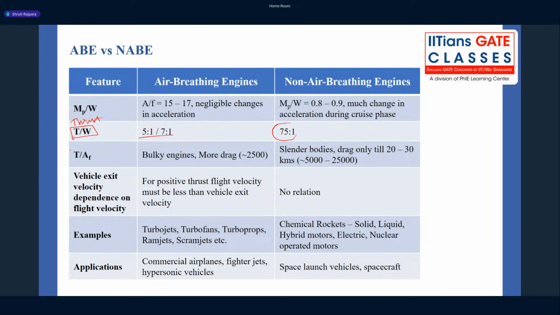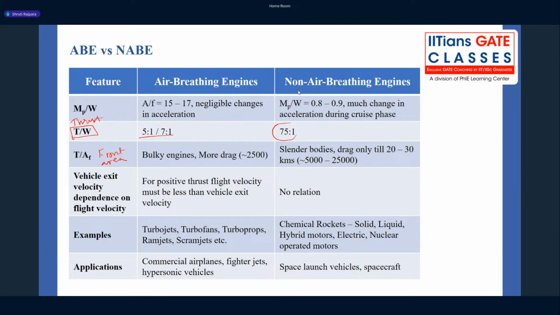When we move towards the other feature, thrust to frontal area, AF represents frontal area. Frontal area means whatever is seen if we take a perpendicular projection of the engine, like the turbofan engine hanging below the wings of the aircraft.